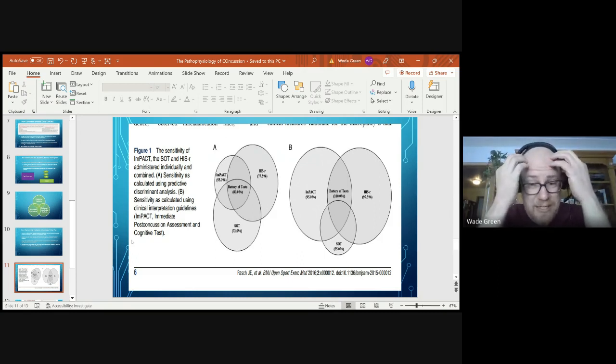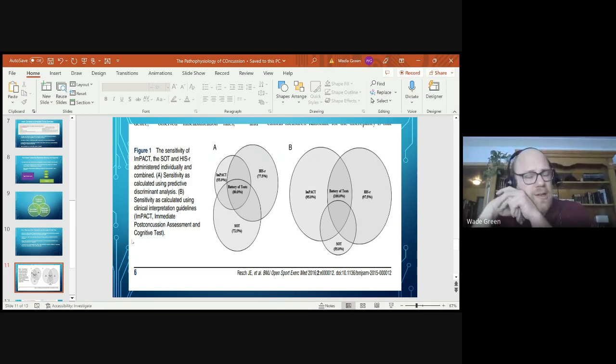Impact, for example, has a user guide that allows you to interpret results. So if we look at the graph on the right, utilizing a battery of tests, in this case you'll correctly identify and diagnose 100% of your concussions.